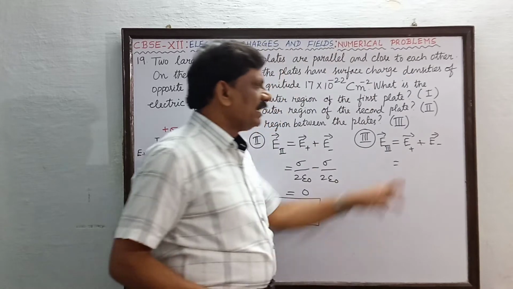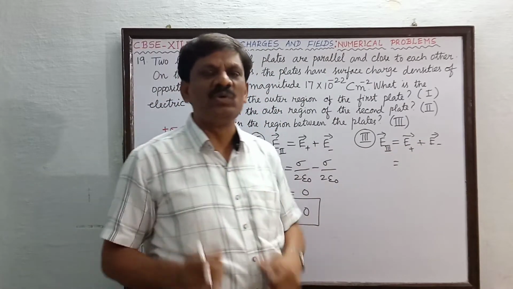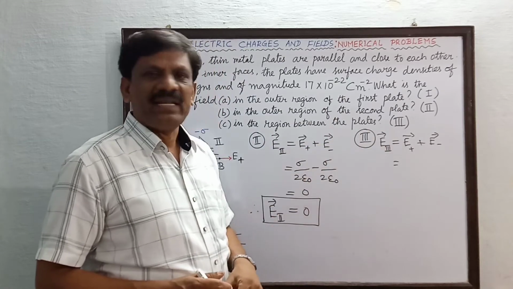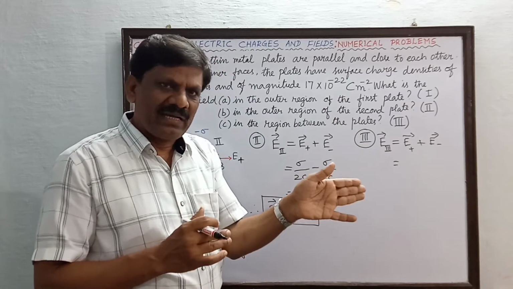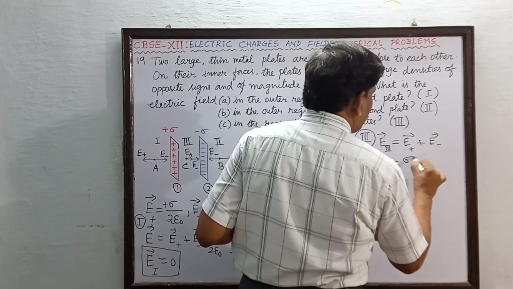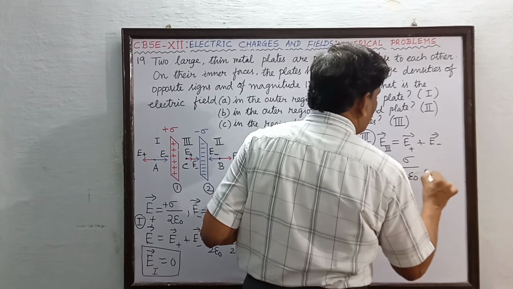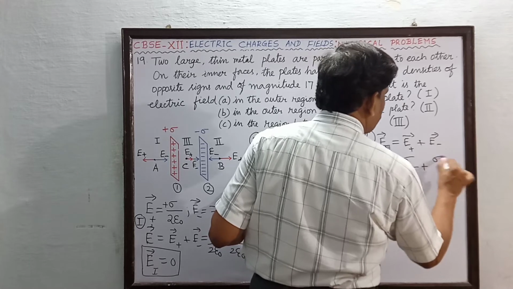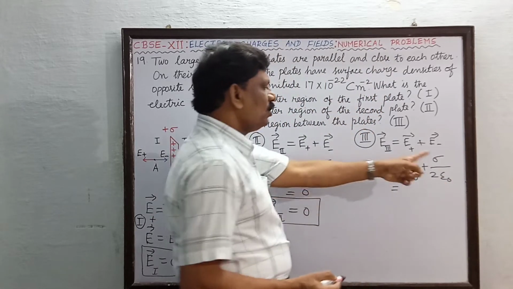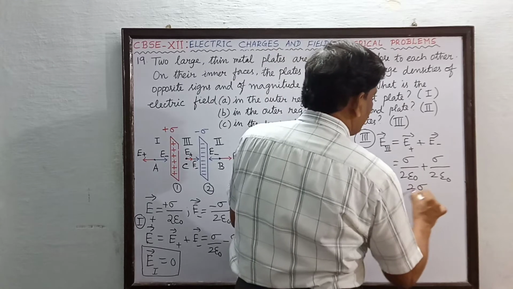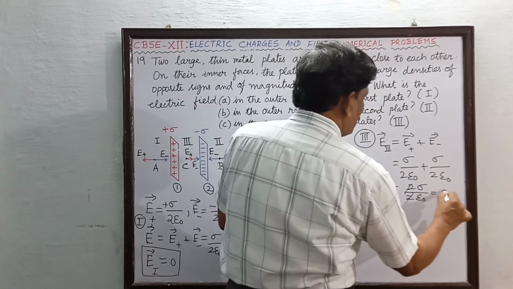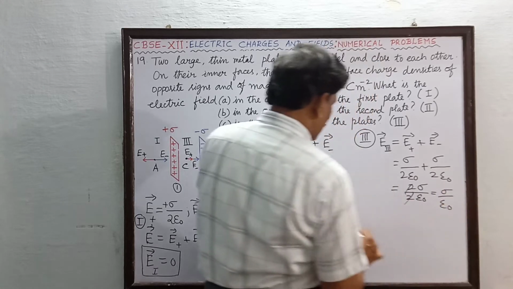Now since both are in the same direction, their magnitudes only will be added. This plus and minus sign we need not utilize here. Therefore this is equal to sigma by 2 epsilon naught plus sigma by 2 epsilon naught. So 2 sigma by 2 epsilon naught, which must be equal to sigma by epsilon naught.